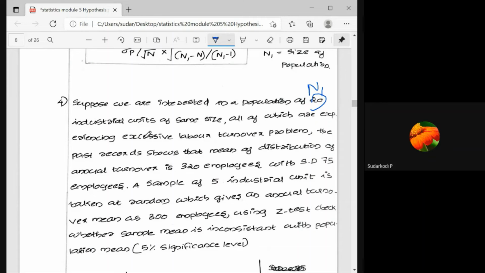All of which experience extensive labor turnover problem. The past record shows that the mean of distribution of annual turnover is 320 employees. So this is your mu. And this is your standard deviation of the population.